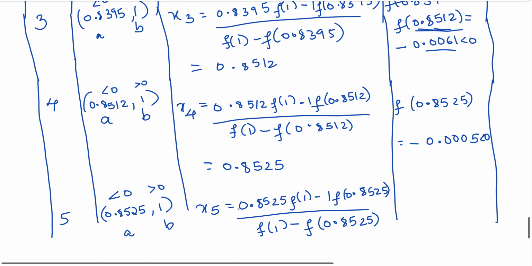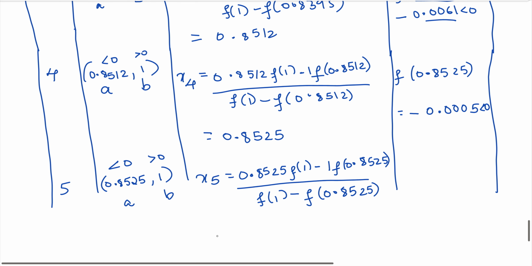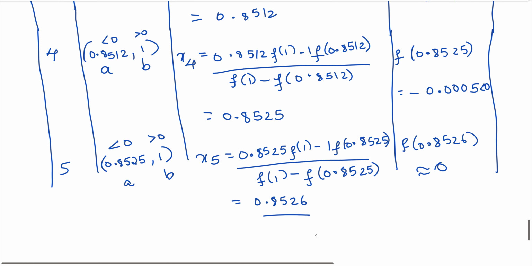Yes, which gives us 0.8526. Now what is f of 0.8526? Correcting to 4 decimals, this is approximately giving us 0. So a new root is 0.8526, right?